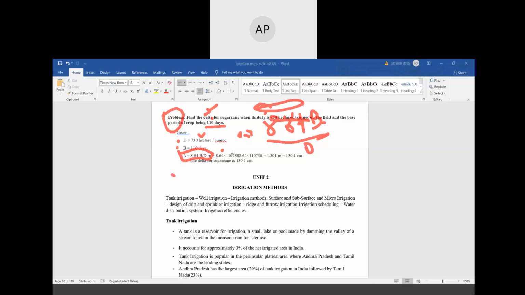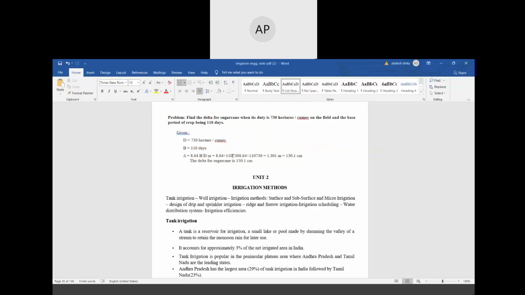Put the value of B and D here. 8.64 B, what is B? 110, divided by D, 730.